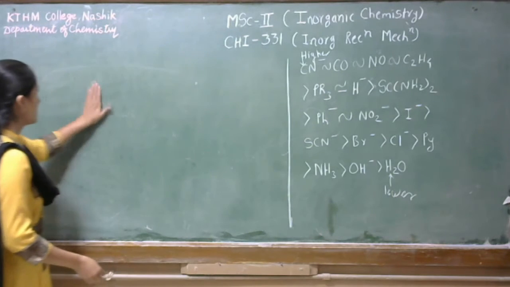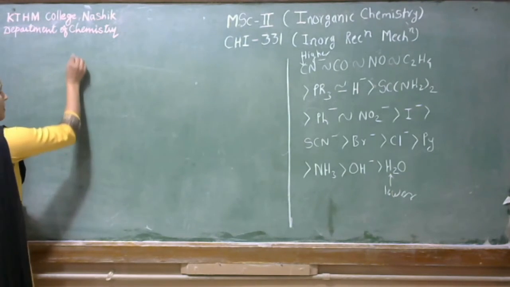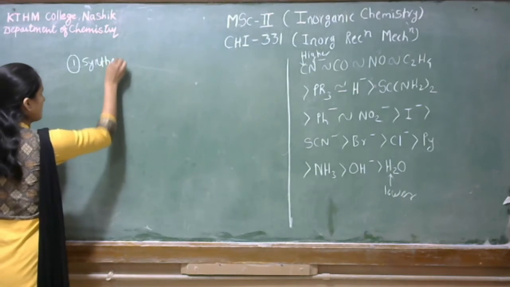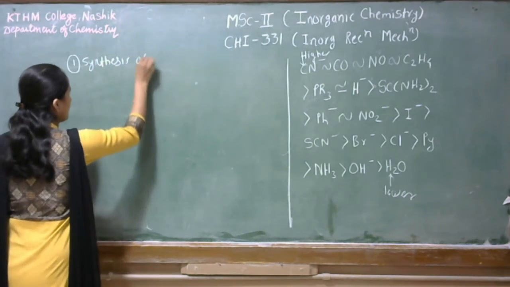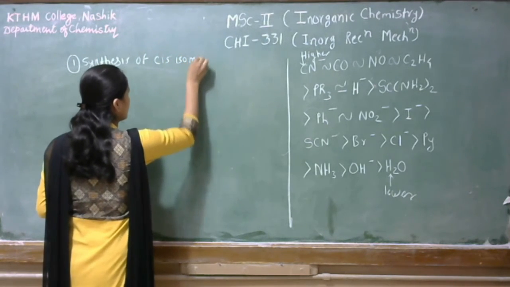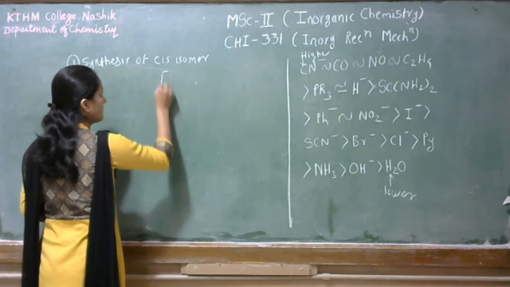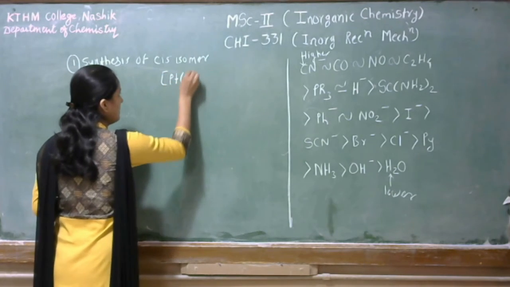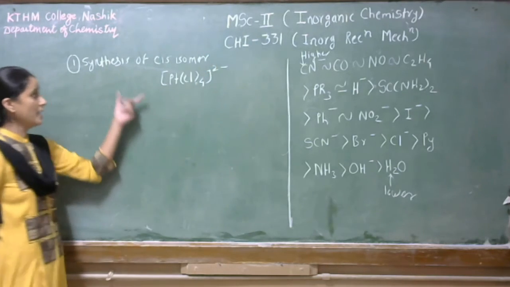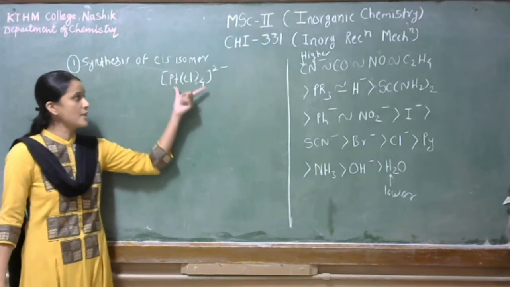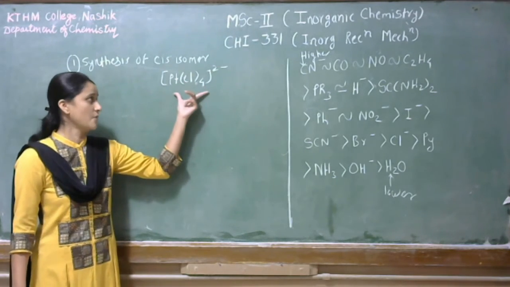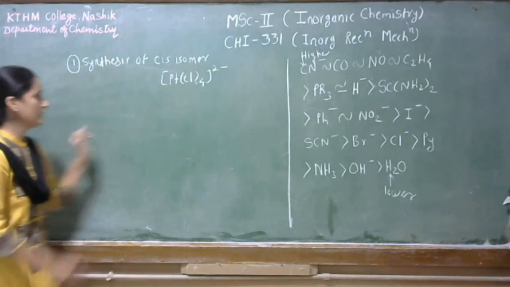Let's see the first problem, that is the synthesis of the cis isomer by using PtCl4 2 minus. We have to synthesize the cis isomer by using the PtCl4 2 minus square planar complex. So let's start.